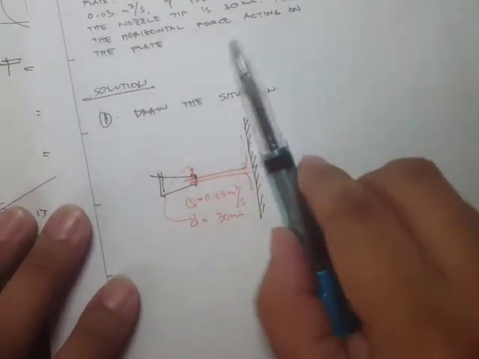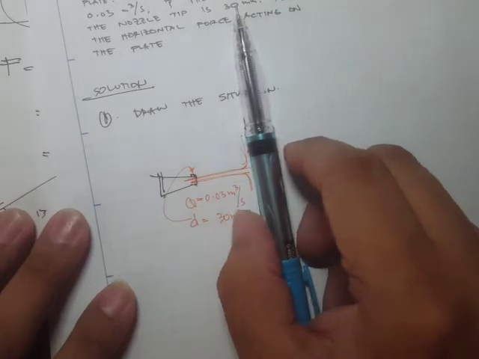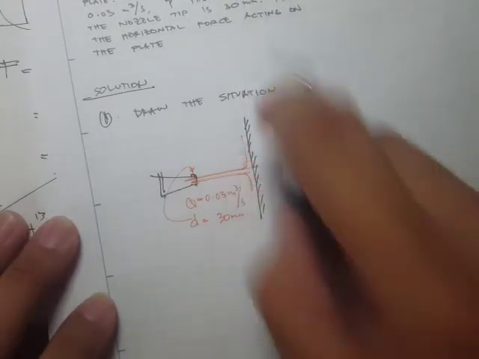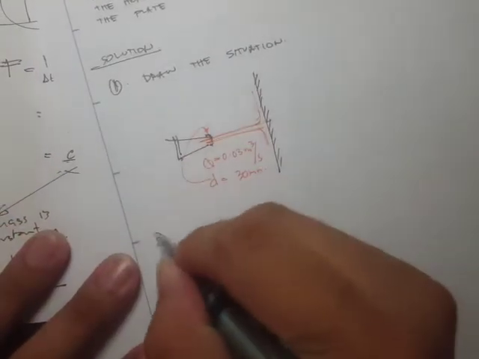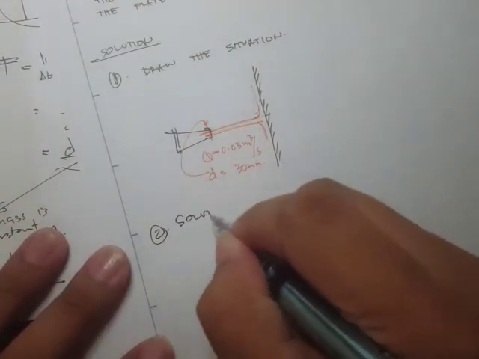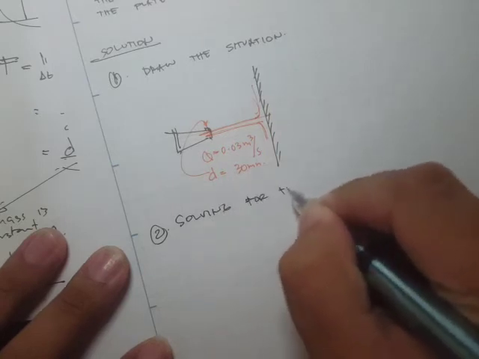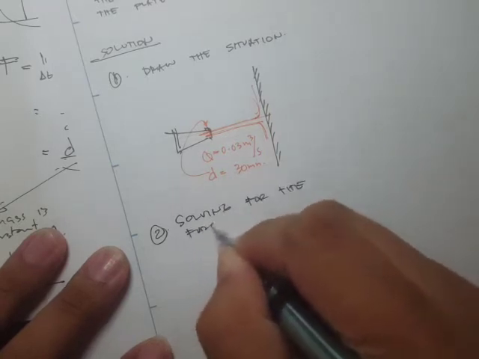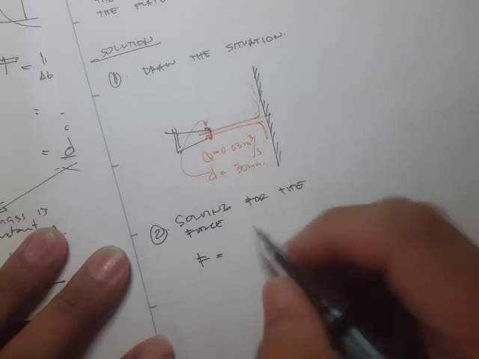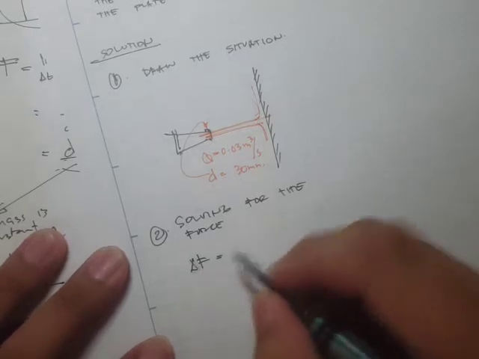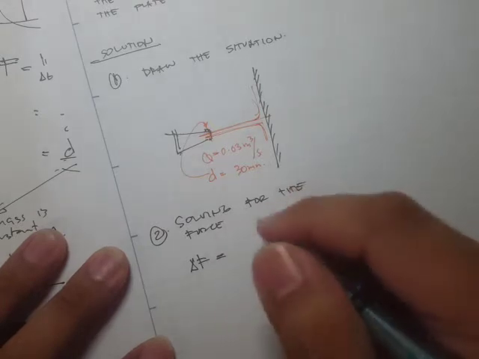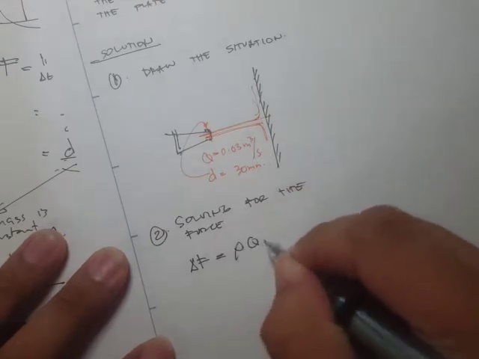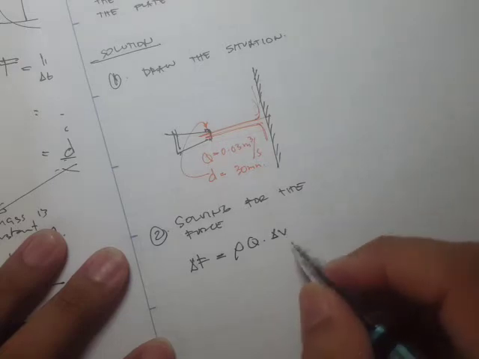So this is a stationary plate. So solving now for the force, F, or delta F, starting from 0, is just rho Q times the change in velocity.